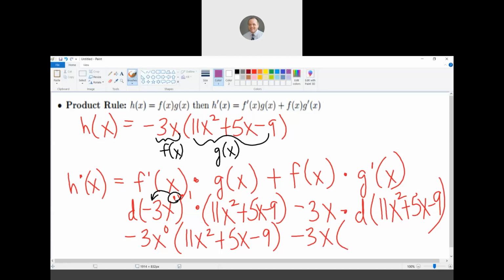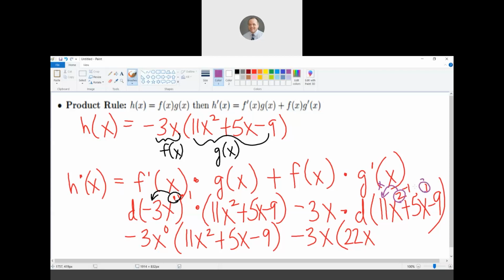11x squared, we're using the power rule. So move the 2 to the front and multiply it by the 11. That's 22. And don't forget, subtract 1 from the original exponent. So that would just be 22x to the first power. Second term, you do the same power rule.